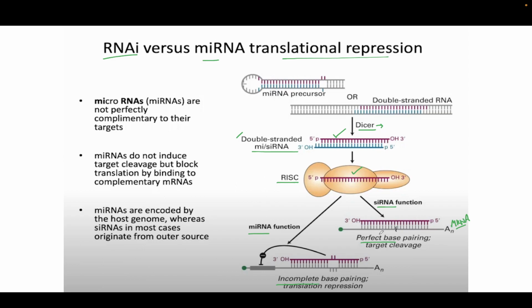In the case of miRNA, incomplete base pairing is okay, but in the case of siRNA, we need perfect base pairing for target cleavage. How does this target cleavage happen? When there is a double-stranded RNA inside your cell, there must be this RNase enzyme.